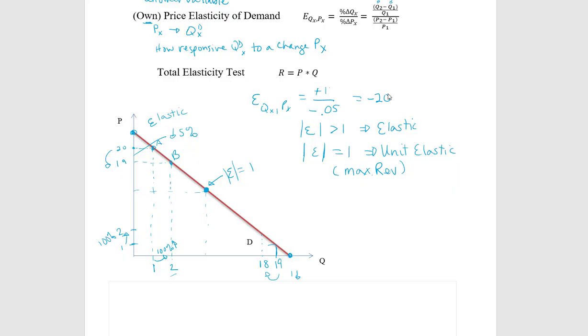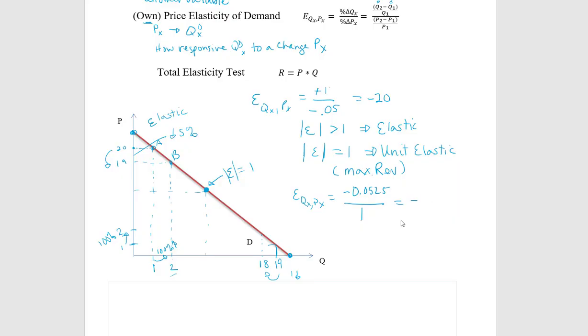So my demand isn't moving a lot compared to how much my price is moving. So let's just put this in here, and let's say that that decrease in demand is about 5.25%. That increase in price is 100%. Our elasticity here is very small.